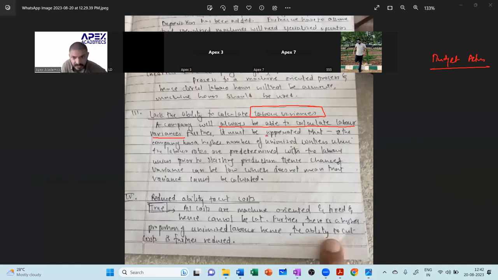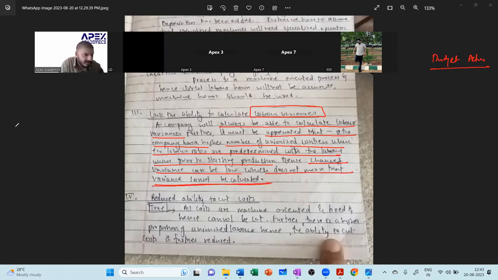Further, it must be appreciated that the company has a higher number of unionized workers, where the labor rates are predetermined with the labor union prior to starting the production. Hence, the chance of a variance can be low, which does not mean that variance cannot be calculated.